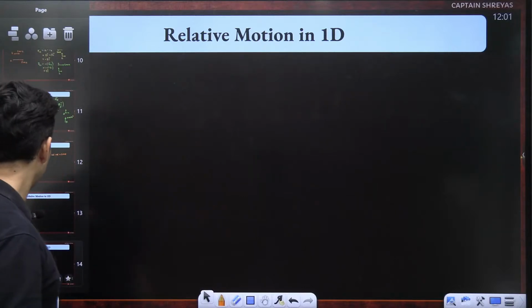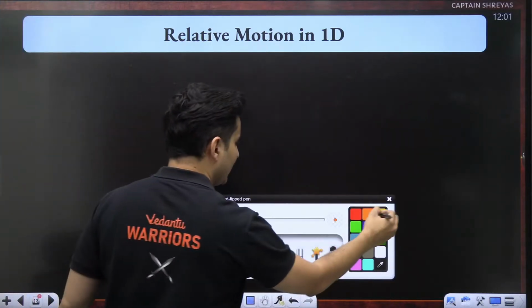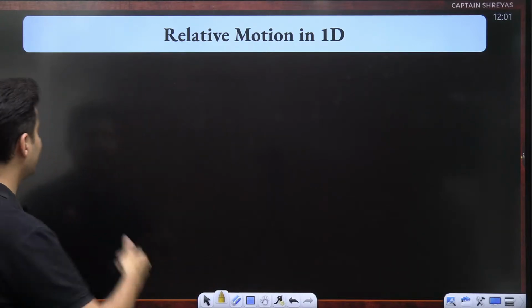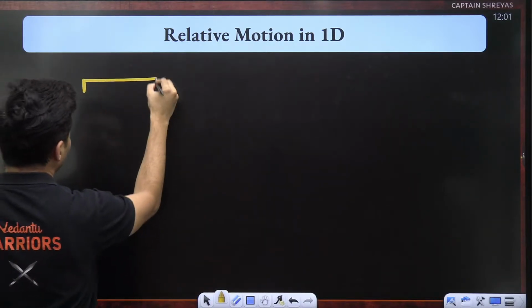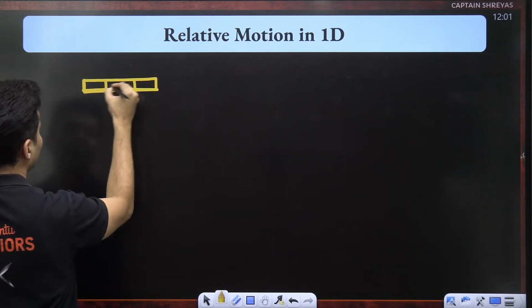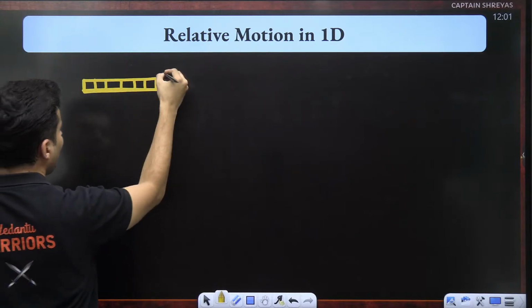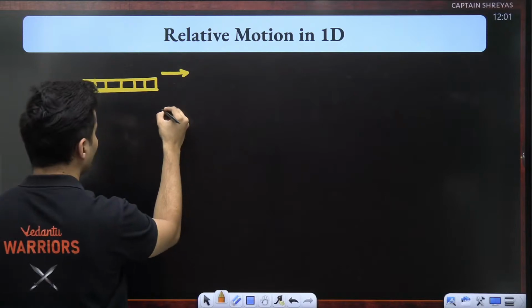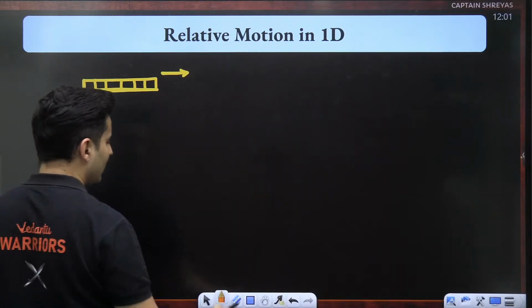Also, you will notice, let's say, two things crossing against each other. Maybe there is a train over here going like this, another train going in the opposite direction.